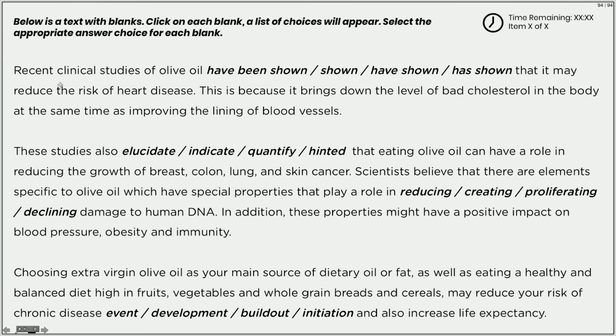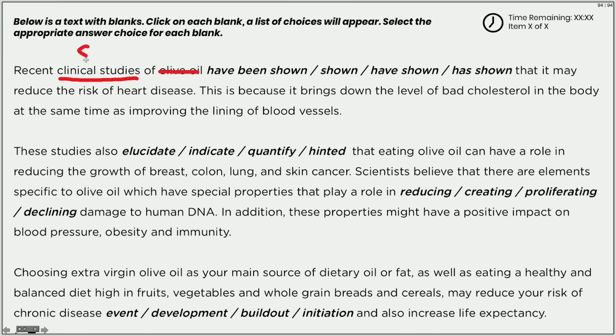So recent clinical studies of olive oil have been shown that it may reduce, shown that it may reduce, have shown or has shown that it may reduce. Whoa, this is really tough because here we're looking at what the subject is. And it's actually clinical studies, plural. It's actually not olive oil.